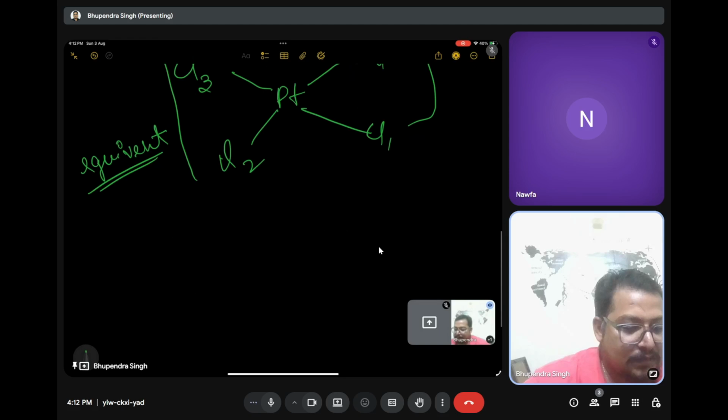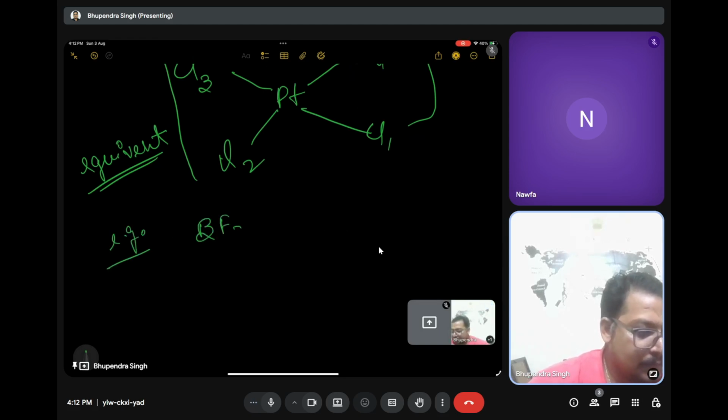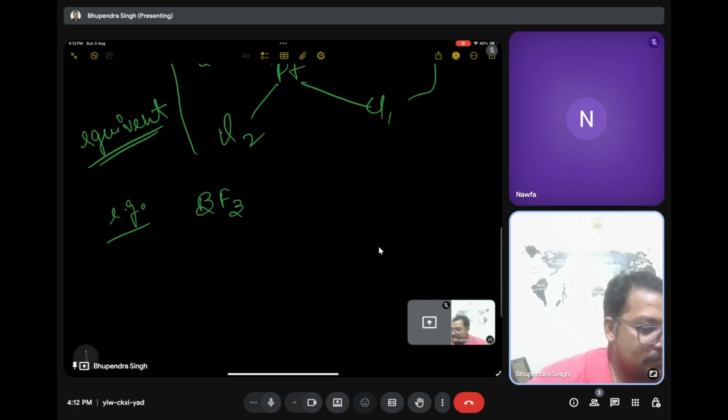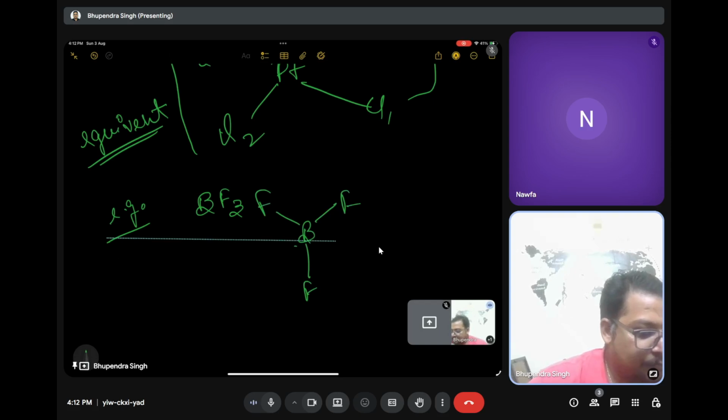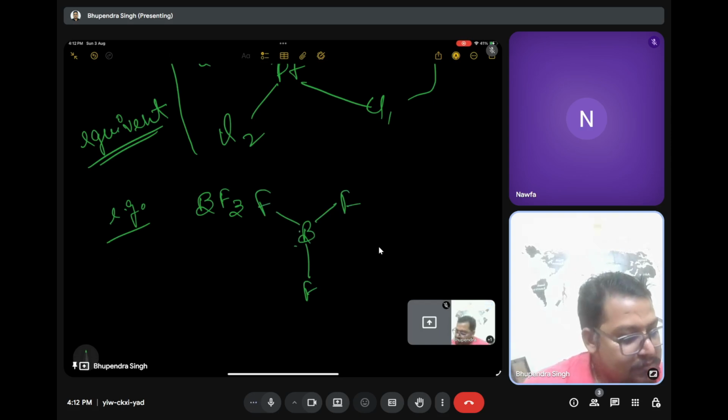One example is BF3, the same example I took last time. Let's say this is the point group. So this is the inversion center.